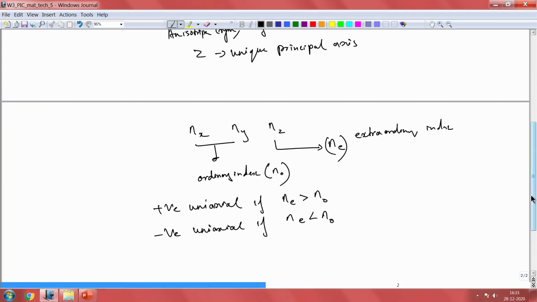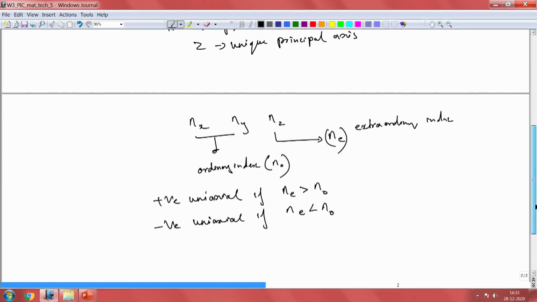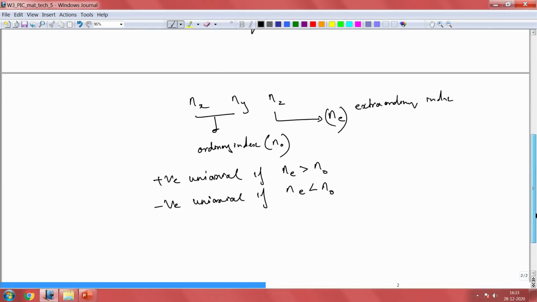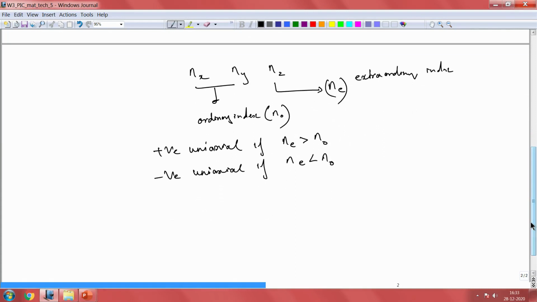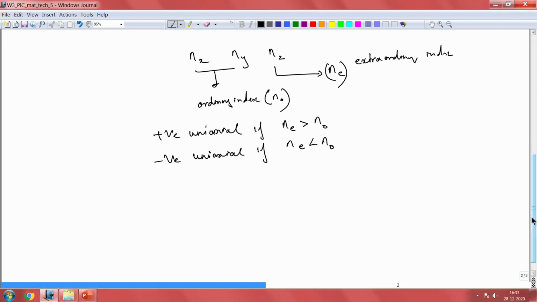So, the ordinary and extraordinary here is reasonably easy to understand, but there are crystals where we could have 3 distinct indices. So, Nx, Ny, Nz all are different. Then life is going to be even more interesting. You have all these unique coordinates here.